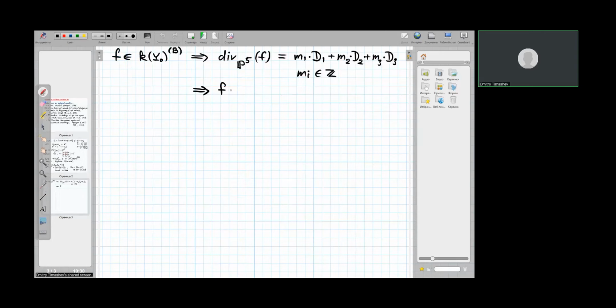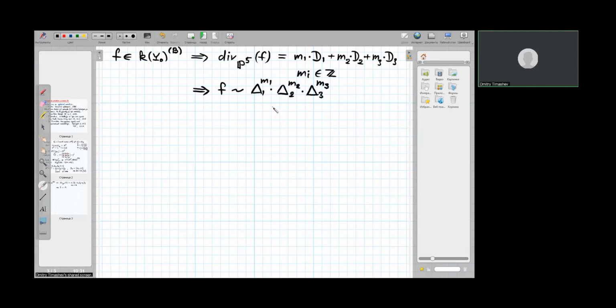Since the function f is determined by this divisor up to a multiple, it is proportional to the following: delta 1 to the power m1, delta 2 to the power m2, times delta 3 to the power m3, because this product has the required divisor on P5.